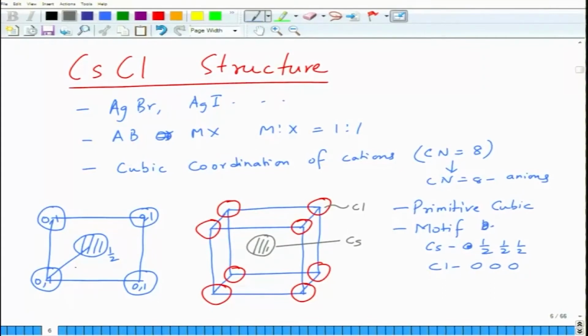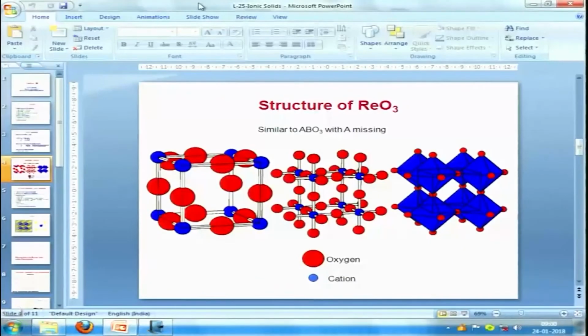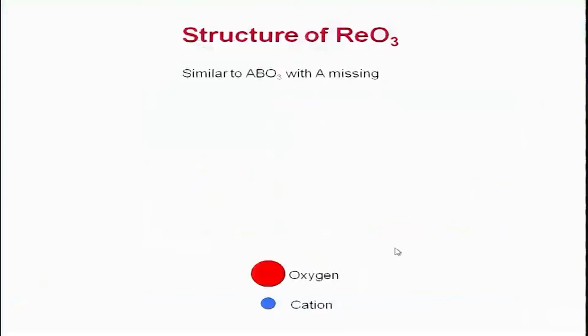If you make the unit cell here, it will consist of one dumbbell, right. Maybe you can create the bond between this and that. Okay. Let me see if I have a picture to show you. So, this is how the rhenium oxide structure would look.